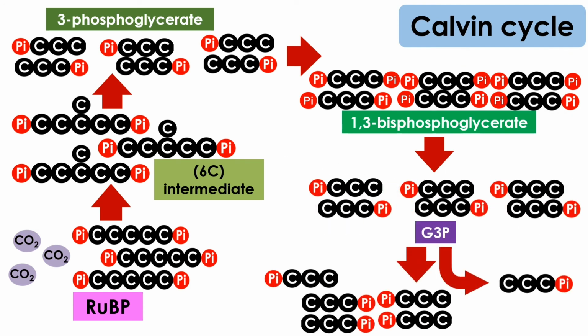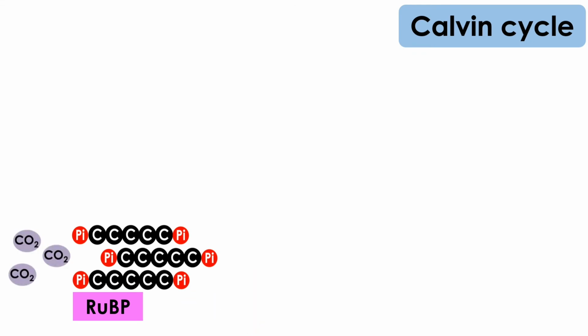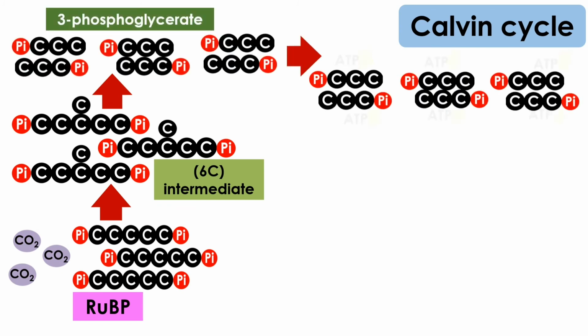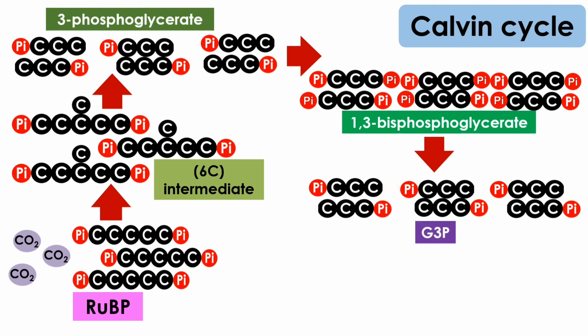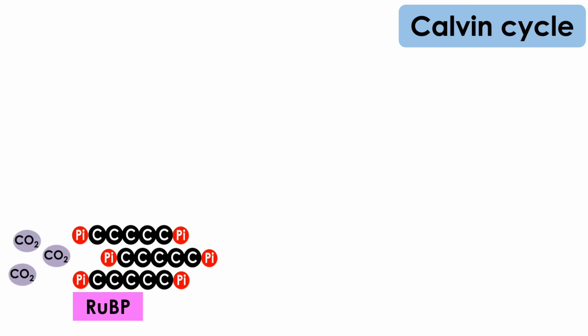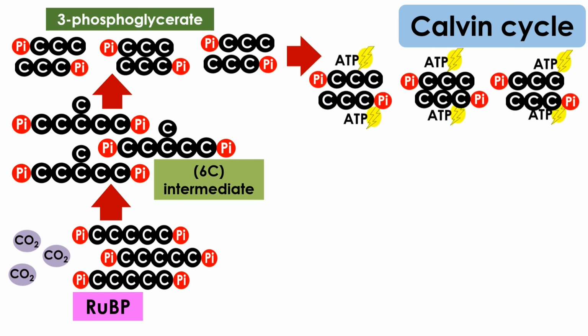In conclusion, in order to produce one molecule of G3P as a product of the Calvin cycle, carbon fixation needs to occur 3 times, which uses 3 carbon dioxide and 3 molecules of RuBP. A total of 9 ATP is needed for phosphorylation and 6 NADPH for the reduction process.